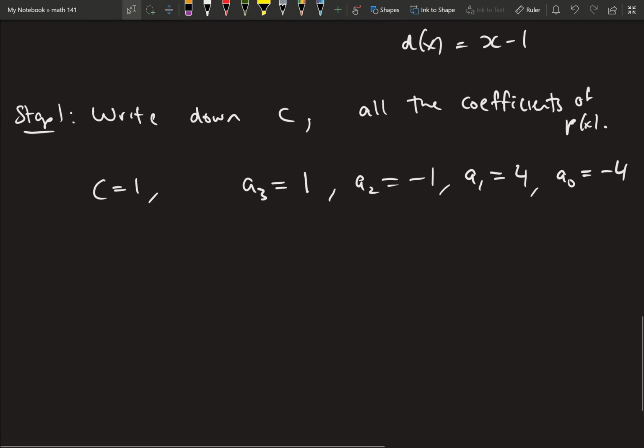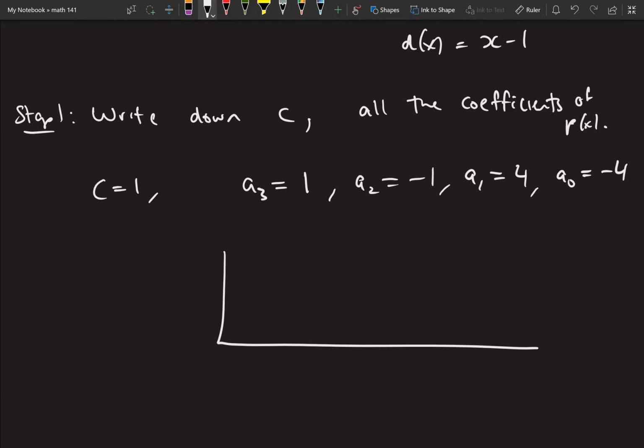And what we do is we draw a little box like so. I'll put all the coefficients in a row, one next to each other, and the c value, I put right here. So let's put 1 here.